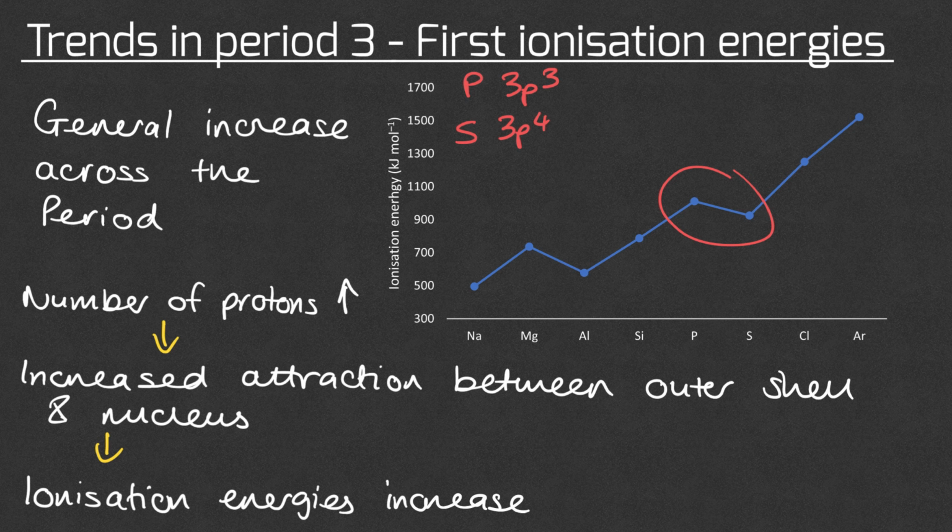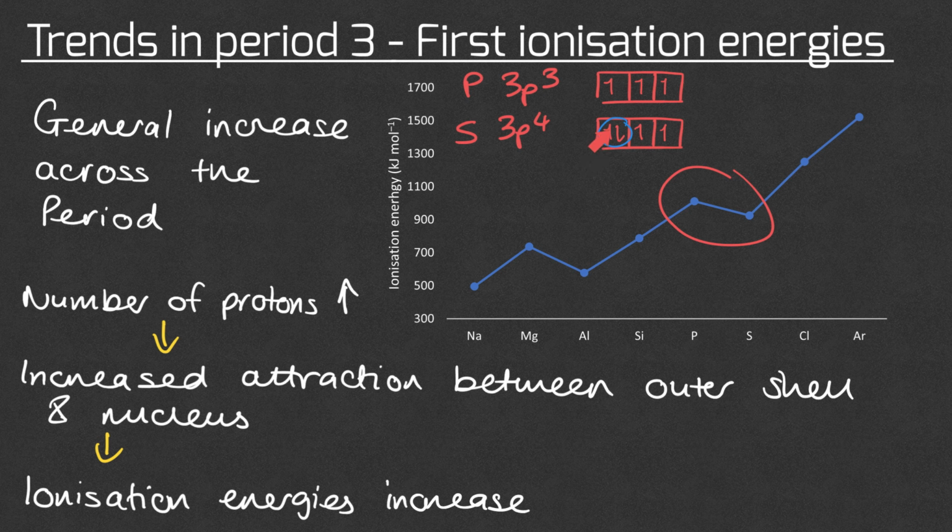For phosphorus and sulfur, we're removing the electron in phosphorus from the 3p3 orbital and in sulfur from the 3p4 orbital. So if we draw these subshells out, we can see that the electron we're removing from phosphorus is 1 in an orbital with 1 electron in. However, from sulfur, we're removing the electron from an orbital which already has an electron in.